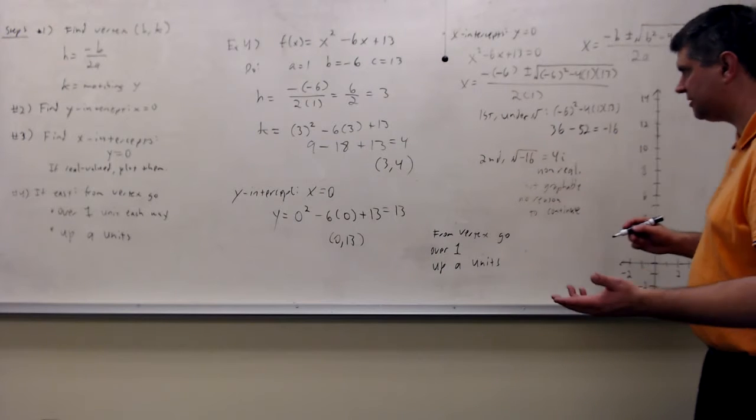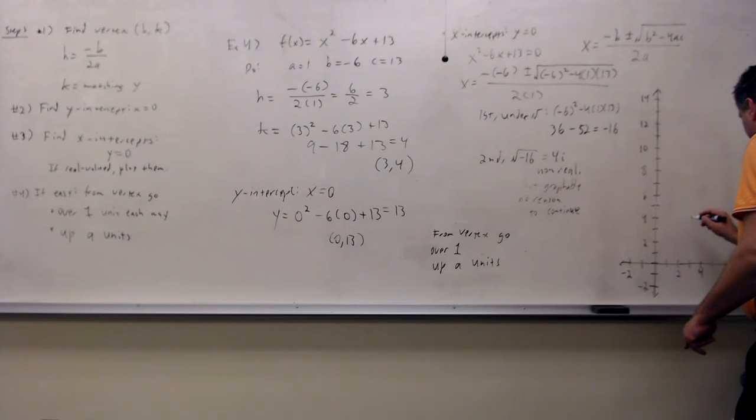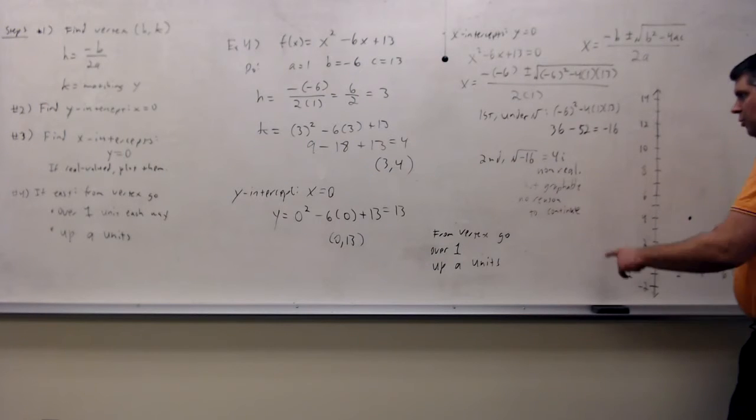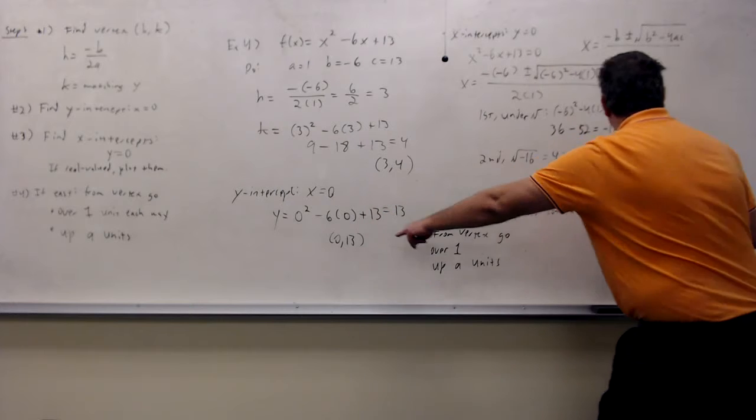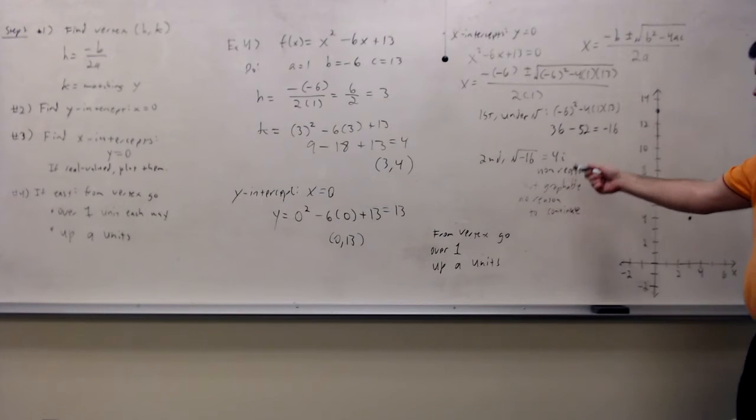That's what you're about to see. So 3, 4 is the vertex. The y-intercept is 0, 13. It doesn't have any x-intercepts.